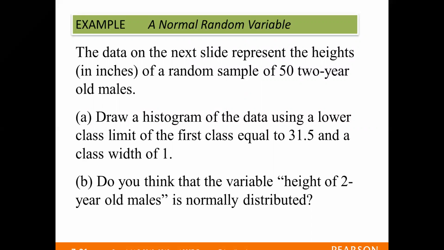For example, let's look at the next slide where we have the heights representing a random sample of 52-year-old males. So there are 50 people in the sample. We're going to draw a histogram of the data using a lower class limit of the first class equal to 31.5 and a class width of 1.